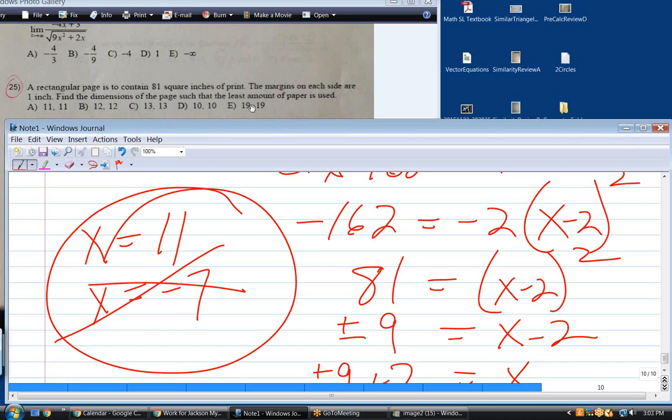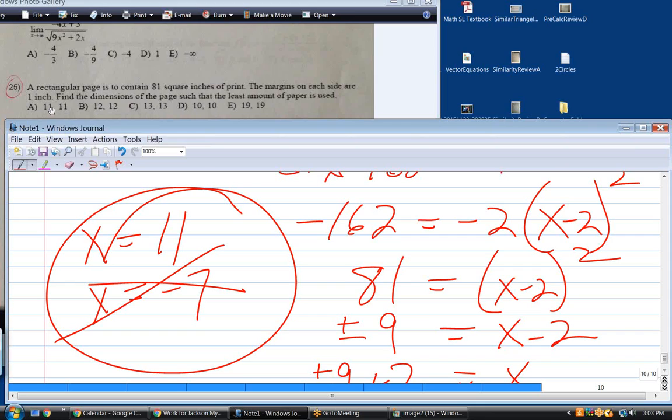None of these other answers work even. That's bigger. That's bigger and doesn't work. That's smaller and doesn't work. It doesn't give you an inside square of 81 square inches. And that's bigger and doesn't work.